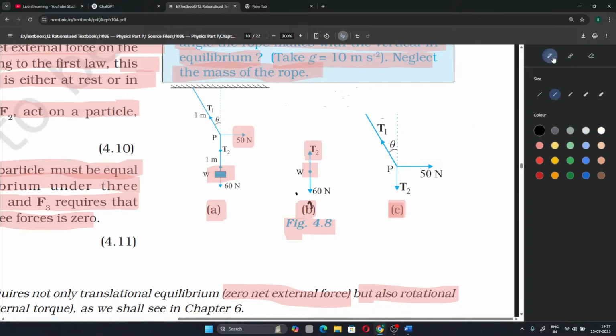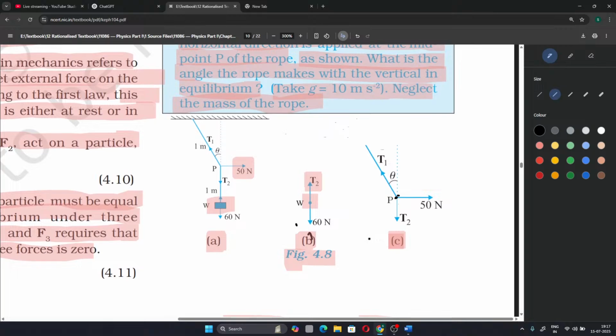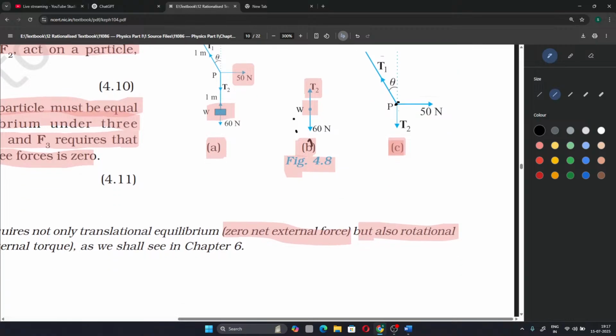Now, for this point P to be in equilibrium, I think they gave it as an equilibrium. So we can say the vector sum of T1 plus T2 plus the horizontal force, which we will take as FH, should be 0.